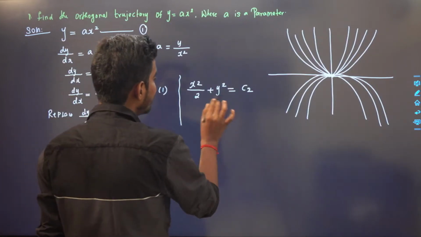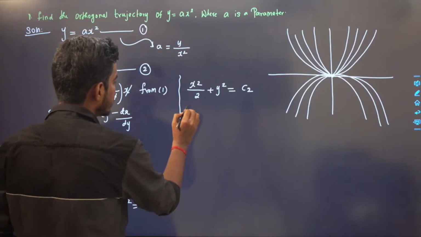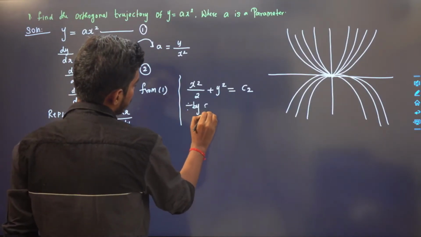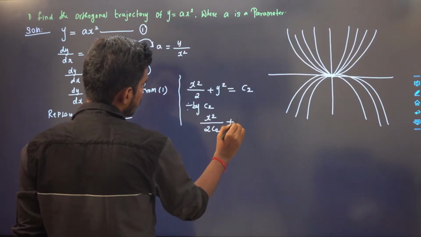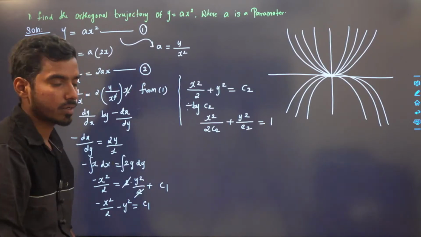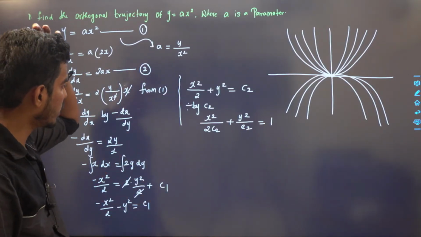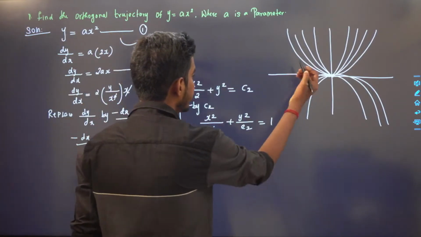Now you can see what this is. This is an ellipse, right? If I divide by c2, we will have x square by 2c2 plus y square by c2 is equal to 1, right? So you can see this orthogonal trajectory is an ellipse.